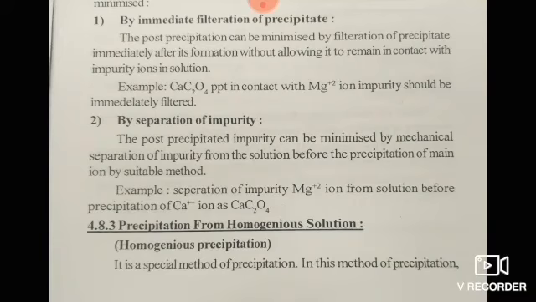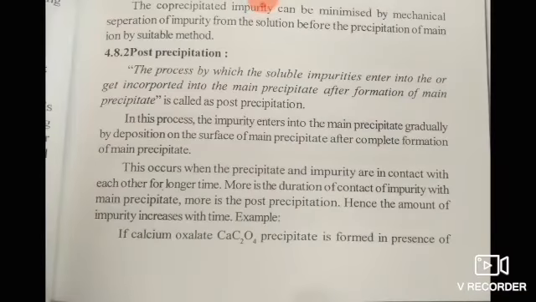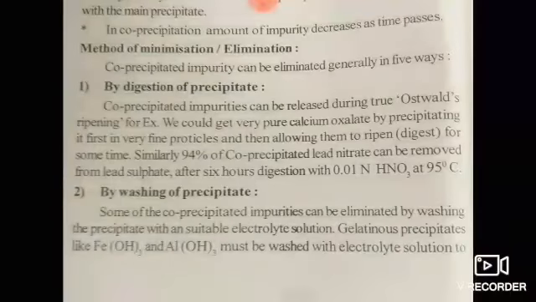So in this lecture we have discussed the minimization of co-precipitation, what the 5 methods of minimization of co-precipitation are, then what post precipitation is, and how post precipitation is minimized.